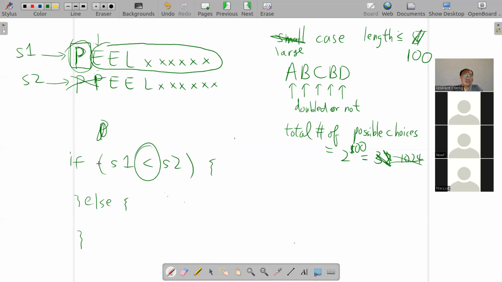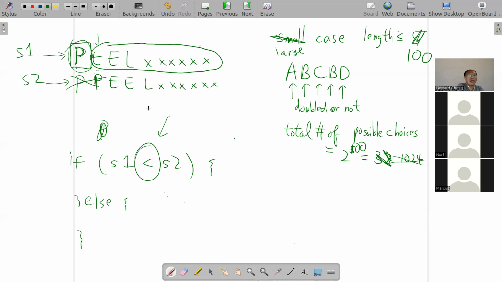Basically, I just repeatedly ask, what if I double up this character, while everything else is fixed? Is that good? Is that bad? If it's good, then I double it up, otherwise I don't. And I just keep on moving. You might say, string comparison, isn't that expensive? You might have to compare the whole string. The answer is yes.